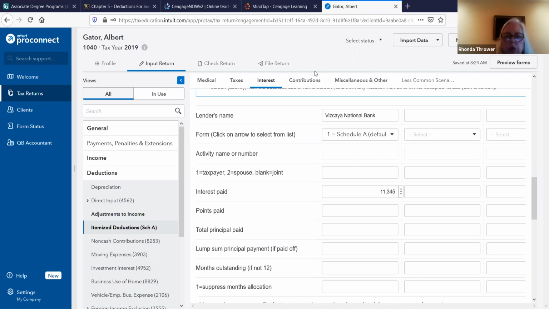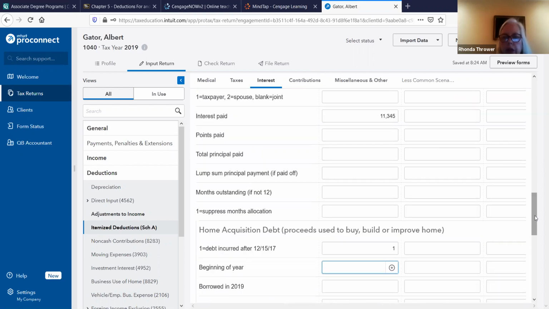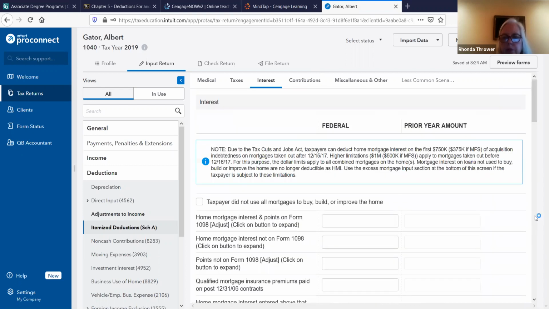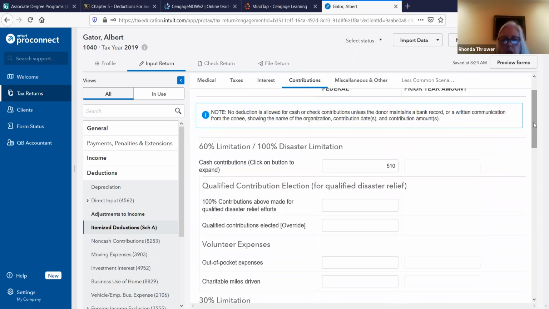And then, because that was all the interest that we had, we're going to move to contributions. All right, and on the contributions, we had some cash contributions.